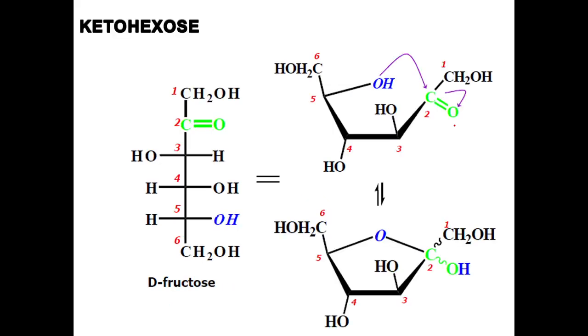So, for the case naman ng isang ketohexose like fructose, ano naman ang magkakaroon ng reaction? So, the OH in the penultimate carbon natin in fructose will attack this one. The OH will attack the anomeric carbon. Okay? And same reaction ay mangyayari. Okay.